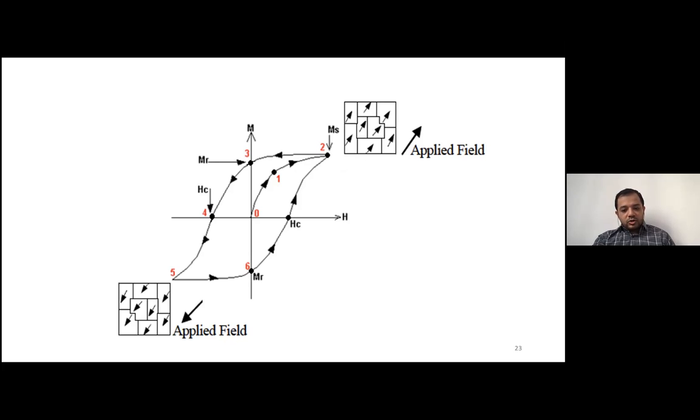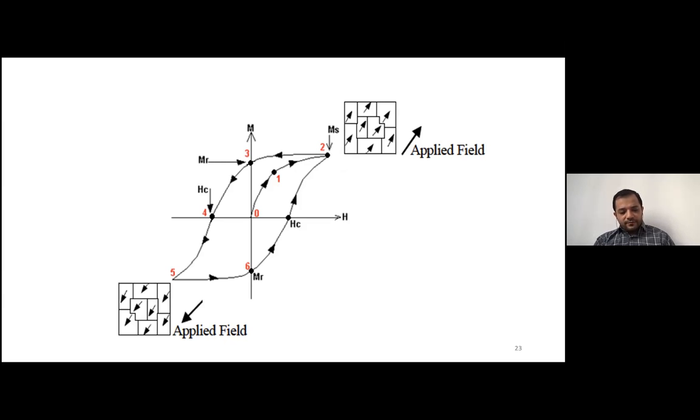And we continue on that path in the same direction until we reach number 5, which is again some sort of saturation on the other side. Now, the point where the field is applied but magnetization is zero is called the coercive field. That's number 4, HC. That's the coercive field, and it is very important. We'll talk about that a little more.